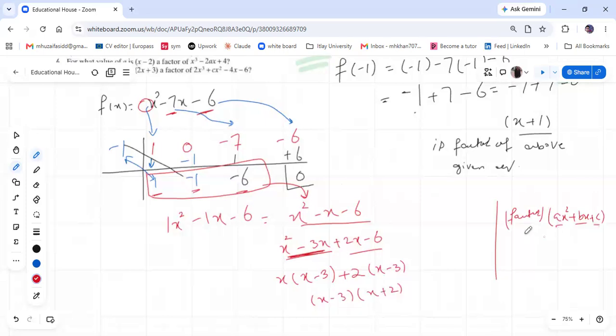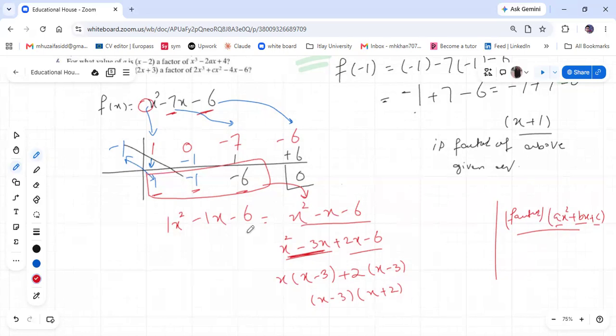Then we are putting it back, and then we are finding these. But this is a very long method, and maybe it will fail on some problems. But this is the synthetic division. This is a very easy and very short method.